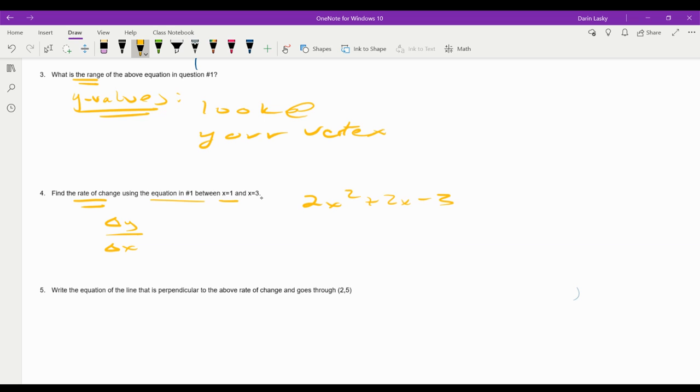We've got to use these x values to come up with our new x and y values. So how do we use this x value and this equation to come up with new y values so we can use our rate of change formula? All right, and we're almost done with the little help video, guys.